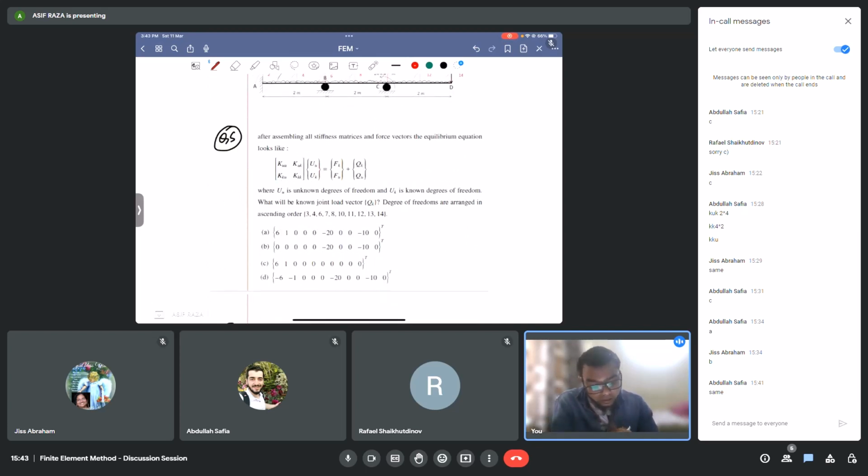After assembling all stiffness matrices and force vectors, the equilibrium equation looks like this, where u is the unknown degrees of freedom and uk is the known degrees of freedom. What will be the joint load vector qk? Degrees of freedom are arranged in ascending order: 3, 4, 6, 7, 8, 10, 11, 12, 13, 14.